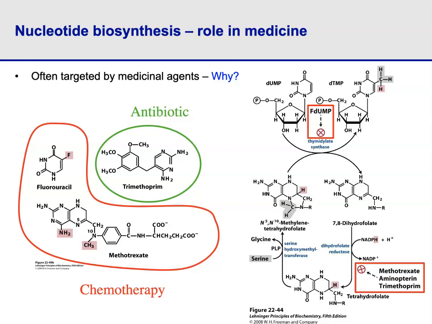Instead, it gets converted to fluorodeoxyuridine monophosphate or fluoro-dUMP, which binds and inactivates thymidylate synthase. Basically, instead of dUMP, now we have 5-fluoro-dUMP that binds with thymidylate synthase and inhibits it.